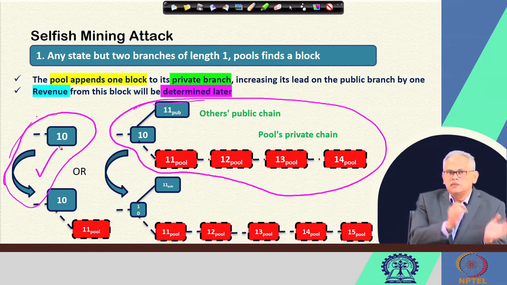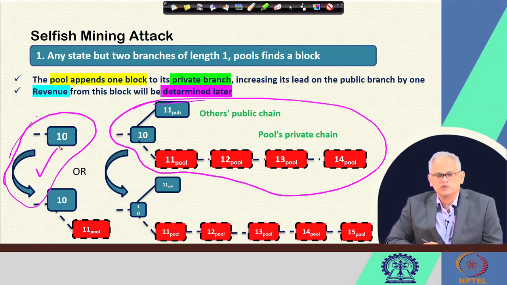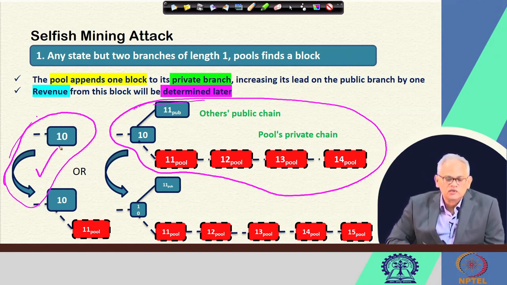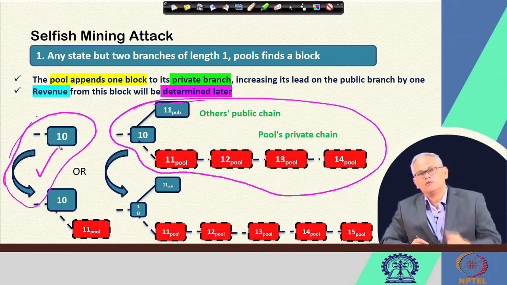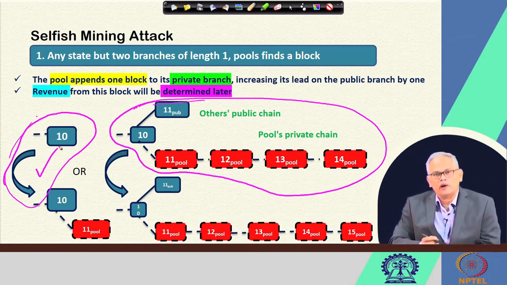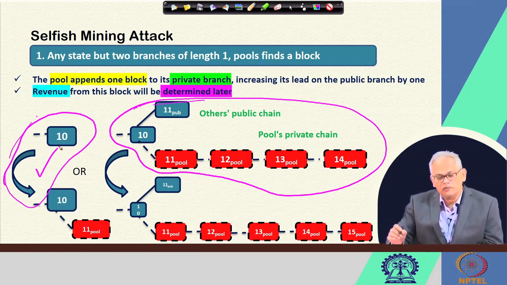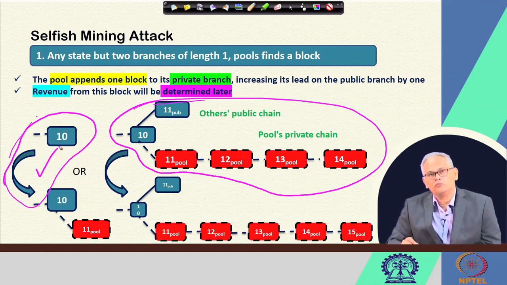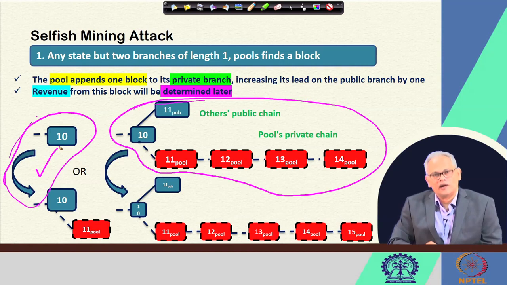The same situation, only it was not just one particular node that was there. It might be possible that, for example, from 10, 11 pub was the public's block which was known to everybody, and the attacker by that time had already mined up to 14 pool. So from 11 pool all the way to 14 pool, these are also with the attacker.